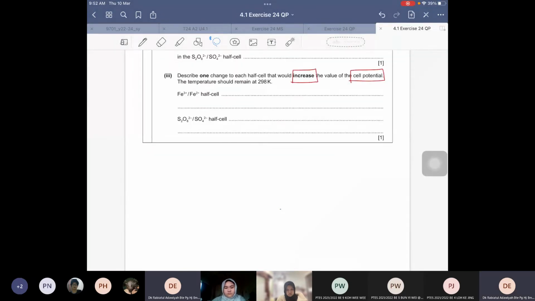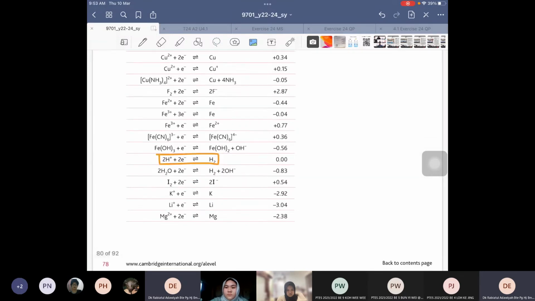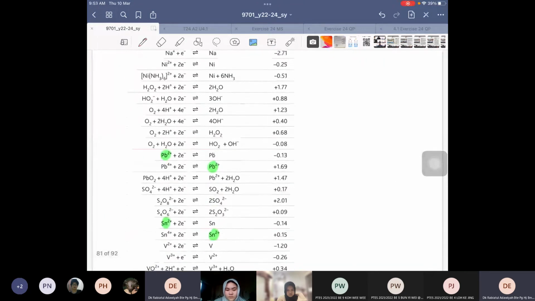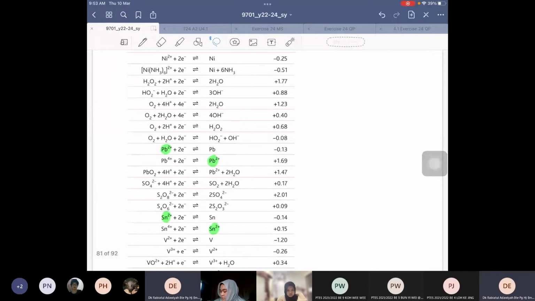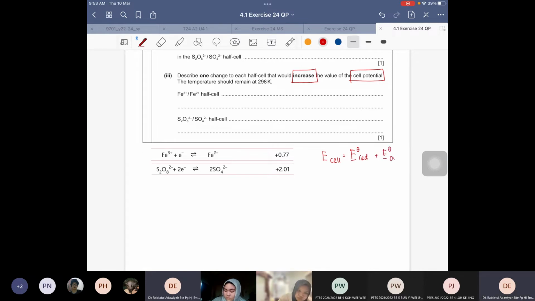So that is Fe3+ and Fe2+, and the other one you need the S2O8, so that should go under S2O8 2- and SO4 2-. You can see there are a few versions of the half cells involving sulfur. And the E cell is equal to E reduction plus E oxidation.